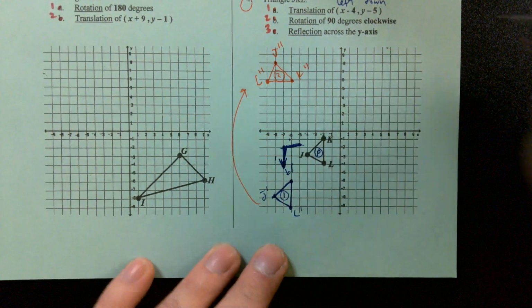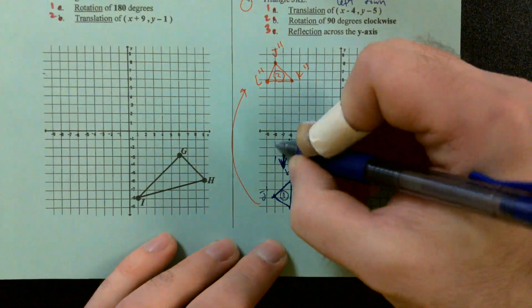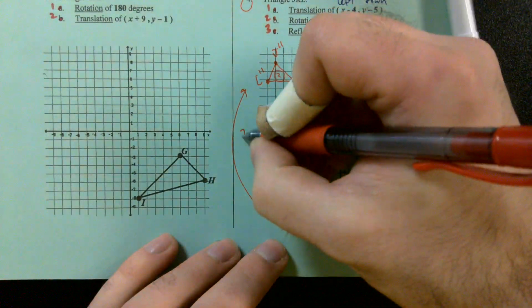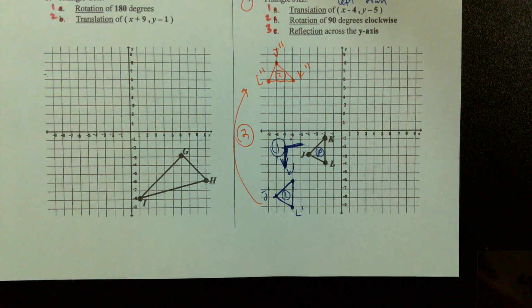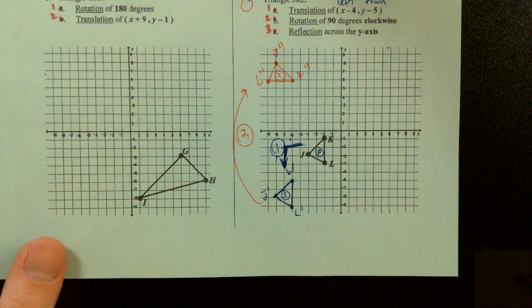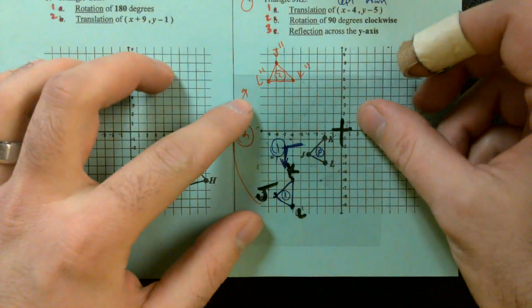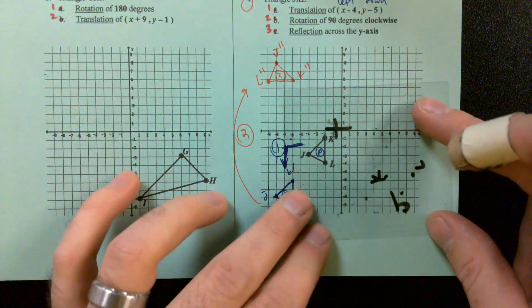So we took our pre-image, we went left and down. First, we rotated up to the right. Second, now we're going to reflect across which axis? The y-axis.